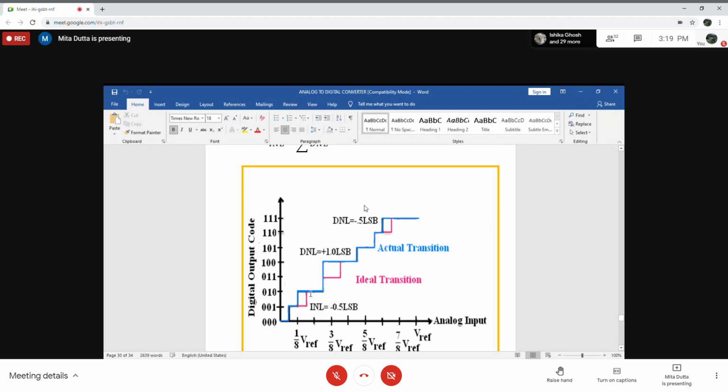So 1 minus 1.5 will be minus 0.5 LSB. Here the integral nonlinearity error will be minus 0.5 LSB up to 0,1,0.